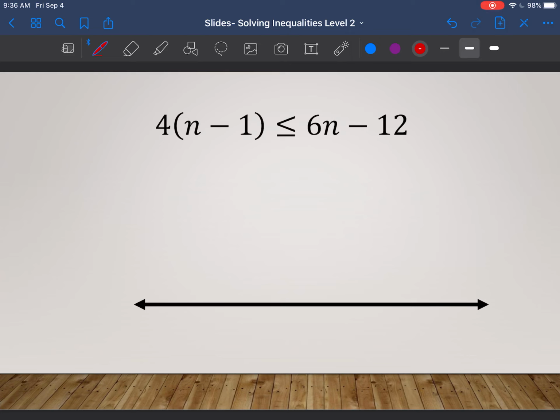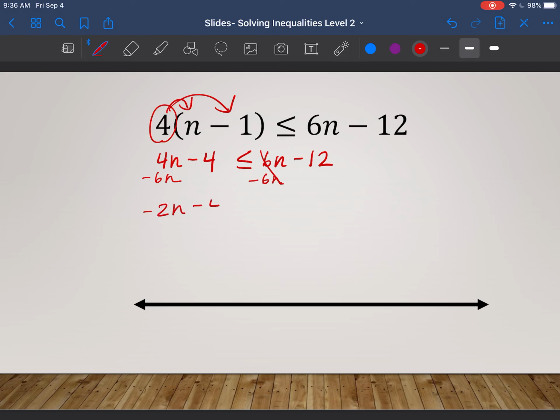All right, here we need to go ahead and distribute. And then there are no terms to combine, so we're ready to put our n's together. I'm going to keep the variable on the left this time, and so I'm going to subtract 6n, leaving me with negative 2n.